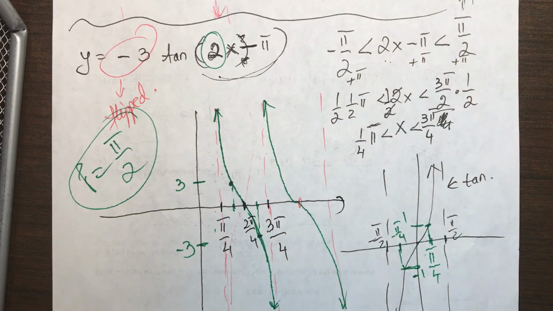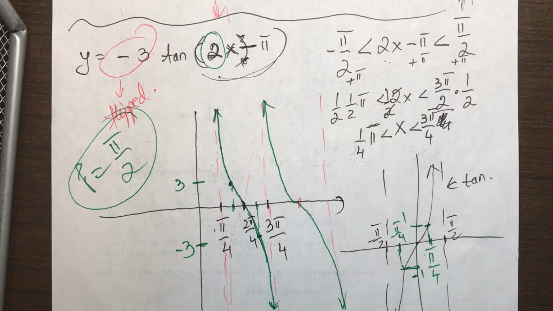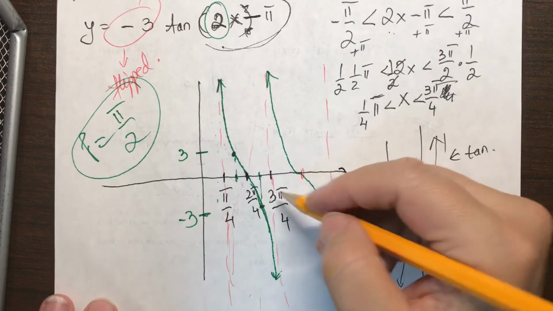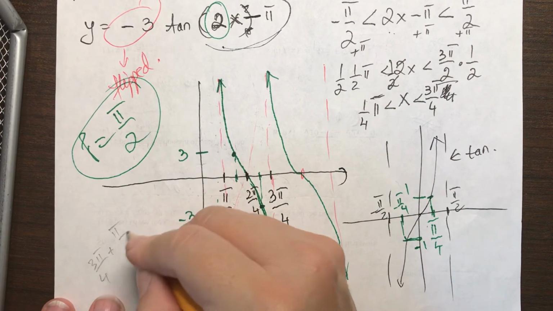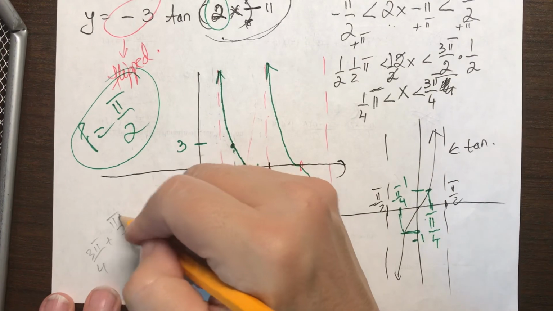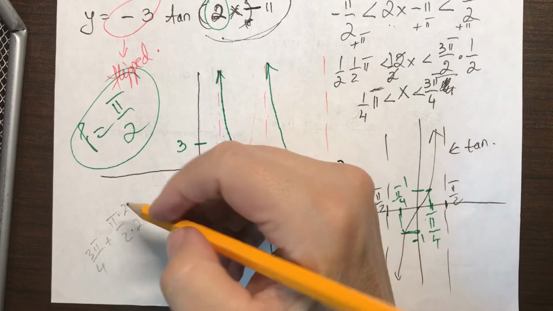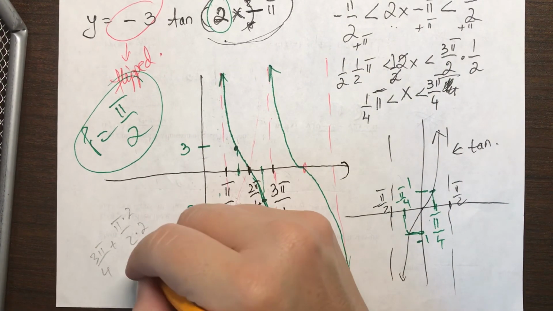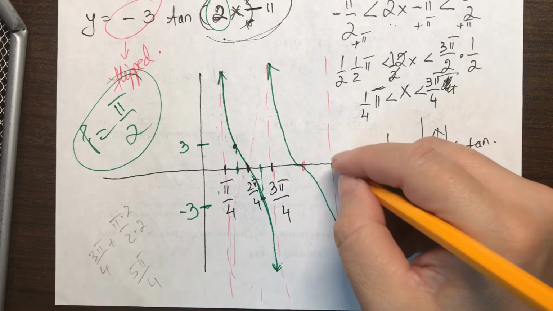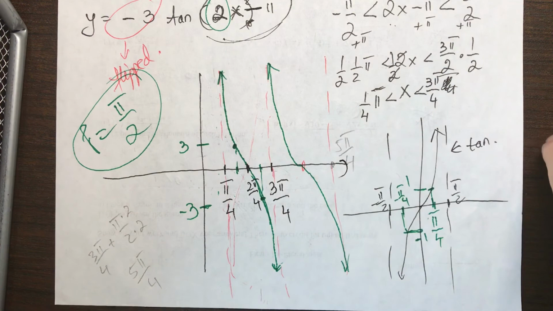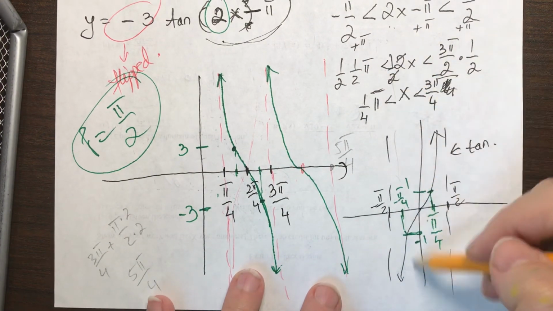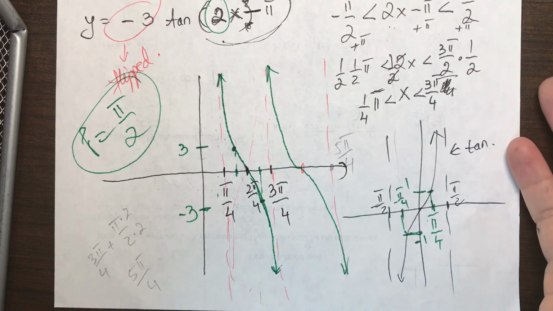Same thing here. So I'm going a pi over 2 over. Here I'll take, this is what I'm doing in my head. So from 3 pi over 4, to add another pi over 2 period, I need a common denominator, so that's 5 pi over 4. So that's the next one here. Okay, so I'm going up by 2's. There you go. And then I can draw another one at 7 pi over 4, right?